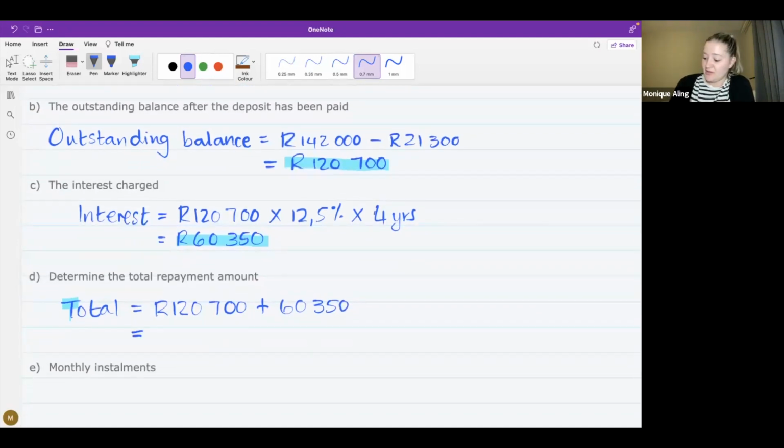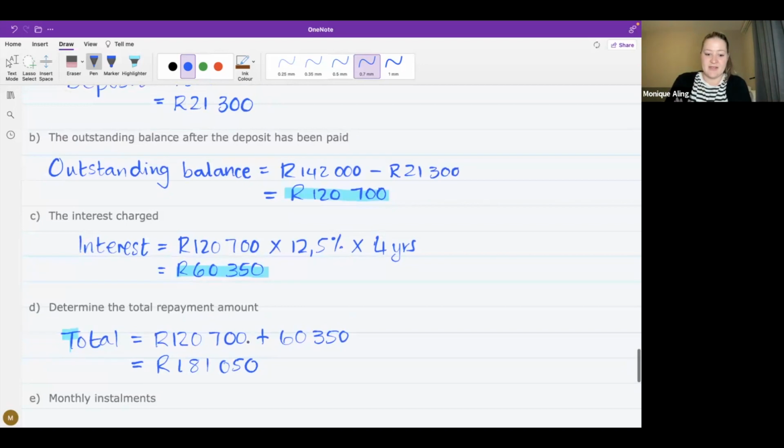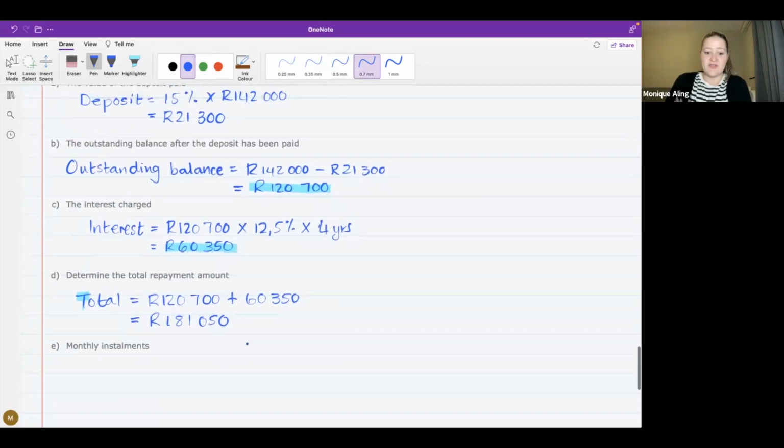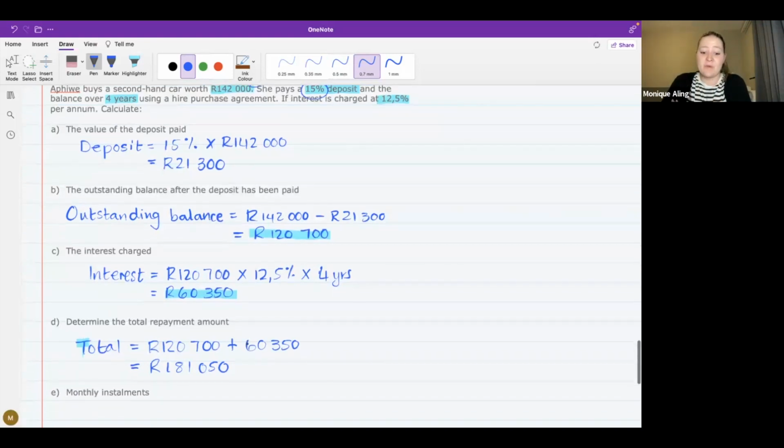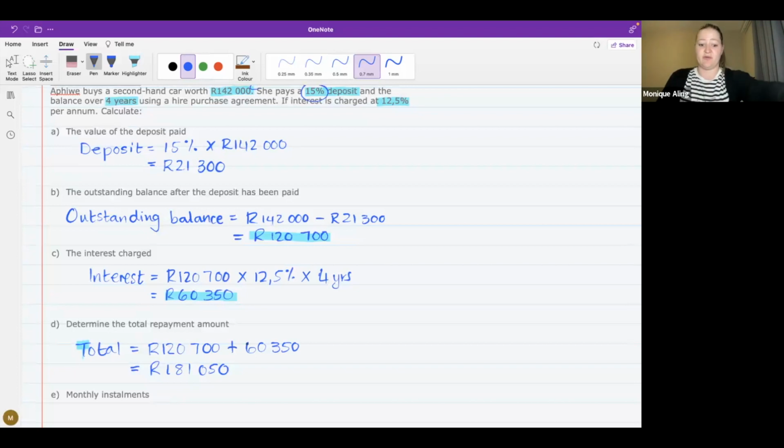So in total, a PUA is going to have to pay 181,050. Can you see how interest has brought up the price? It's now more than what the car was originally sold for.